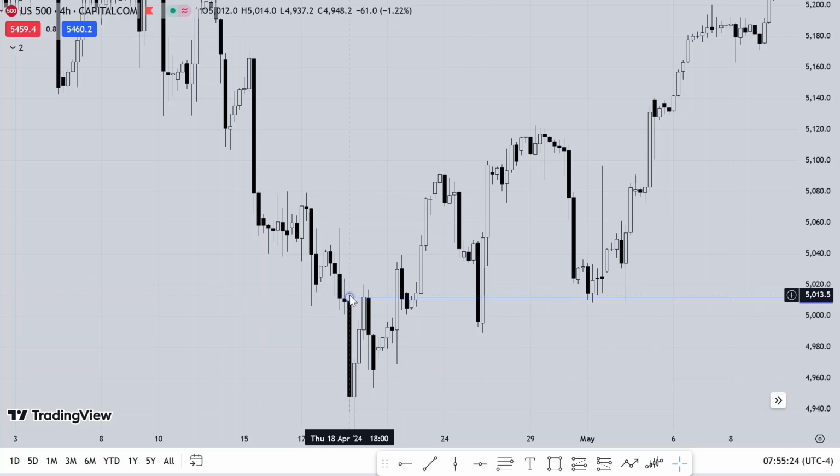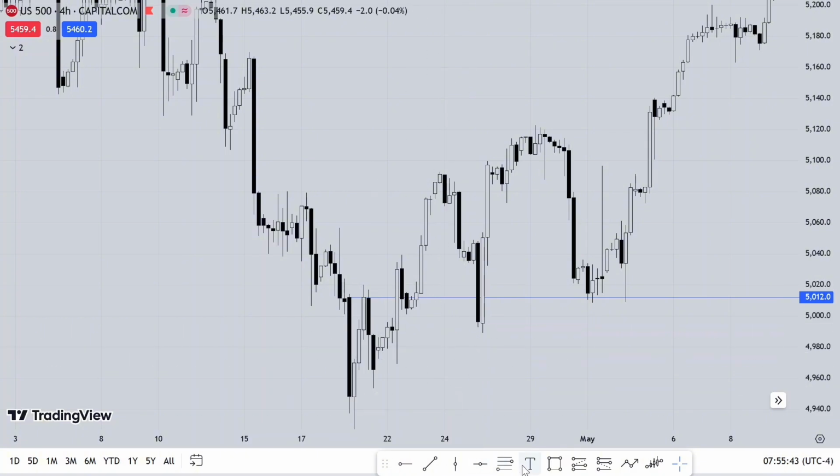Because this is the order block that is of interest, when price came back down into it, smart money traders filled their buy position as price was dropping down inside of here.